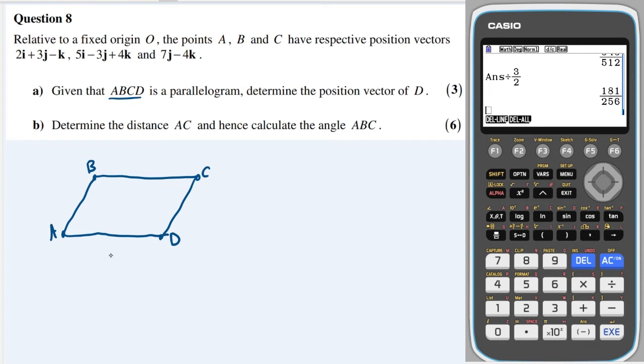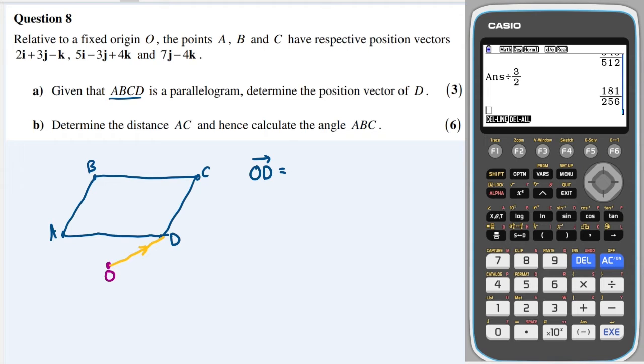And let's imagine that we have an origin over here. And what we need is we need the position vector of OD. That's what we're looking for. Okay, so how are we going to find O to D?